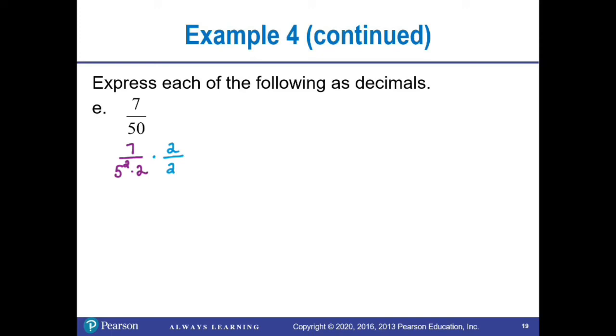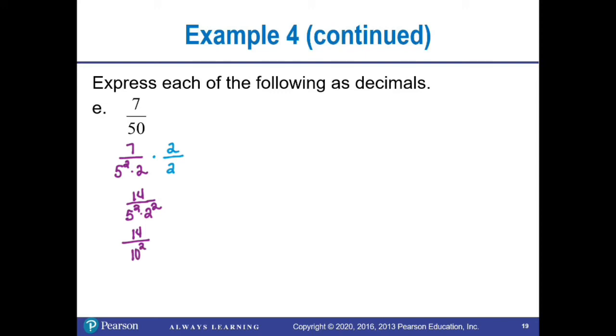So I'll multiply the denominator by 2, and if I multiply the denominator by 2, I also have to multiply the numerator by 2. So 7 times 2 is 14. And in the denominator, I'd have 5 squared times 2 squared. Add the powers of 2 to get the 2 squared. Bring down the 14 on top.